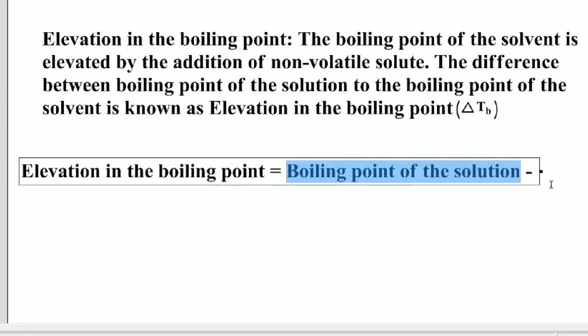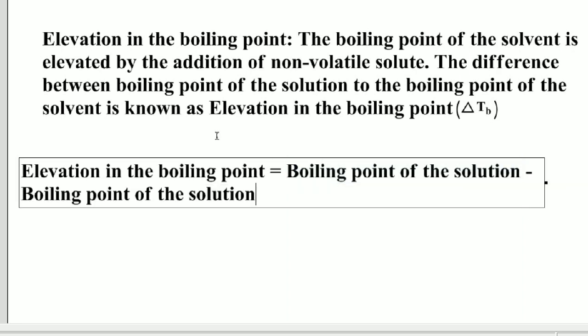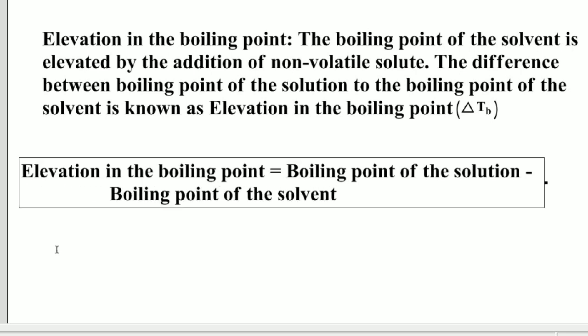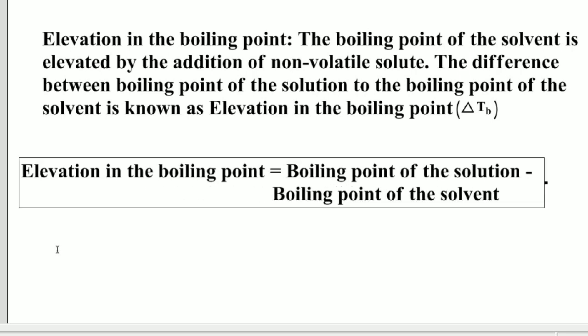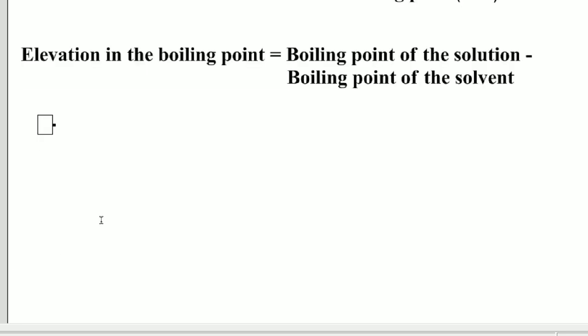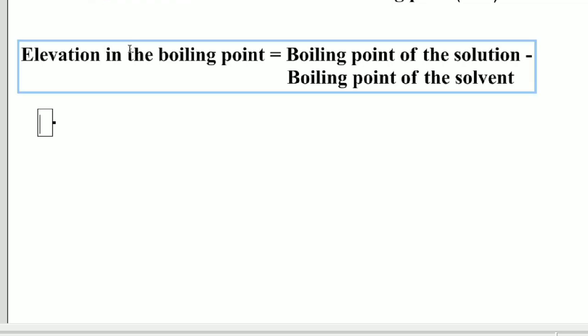So the elevation in the boiling point, delta TB, is equal to the boiling point of the solution minus the boiling point of the solvent. Students, we know from Raoult's law.